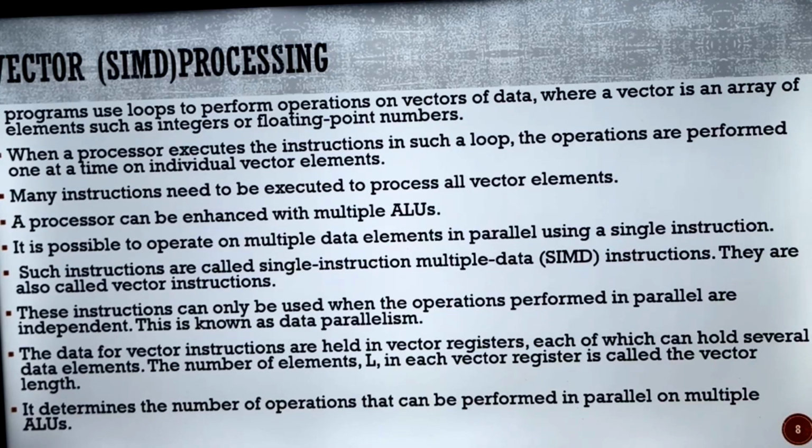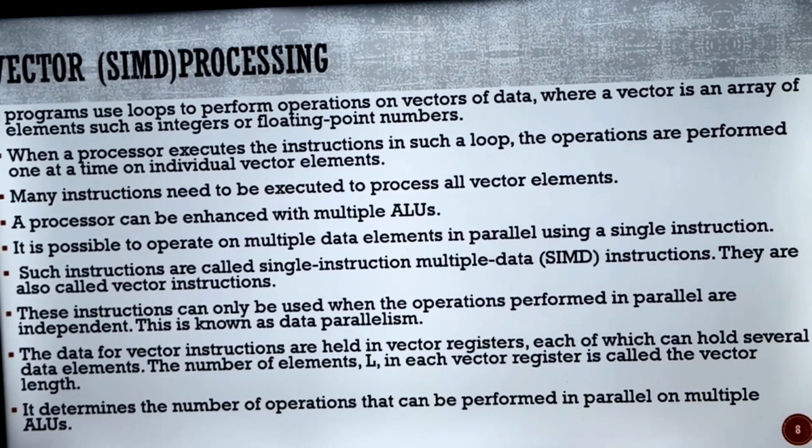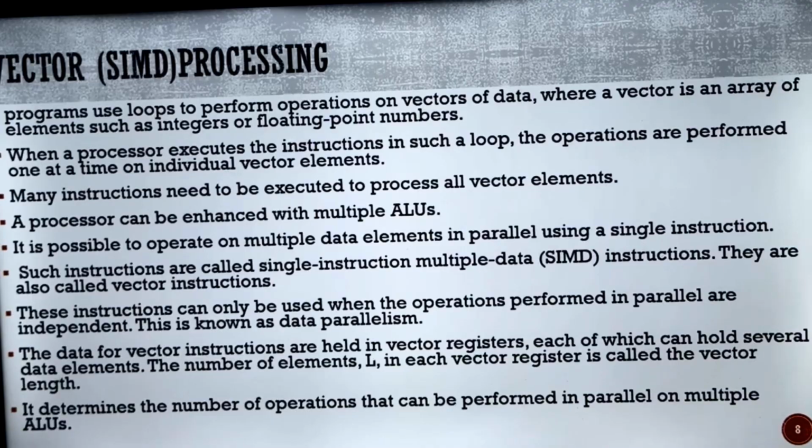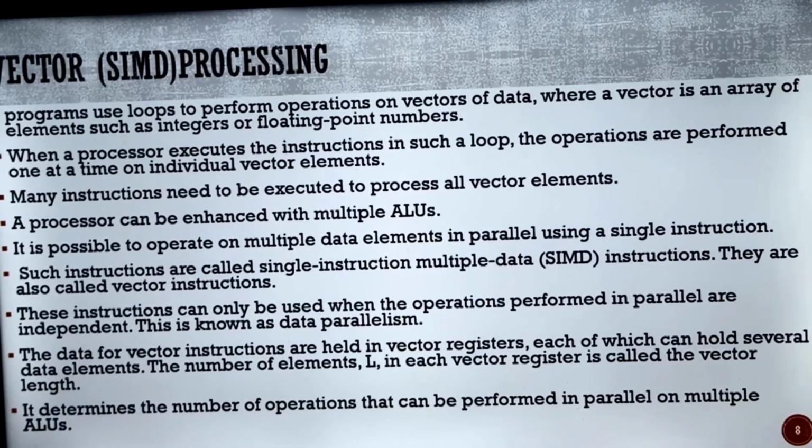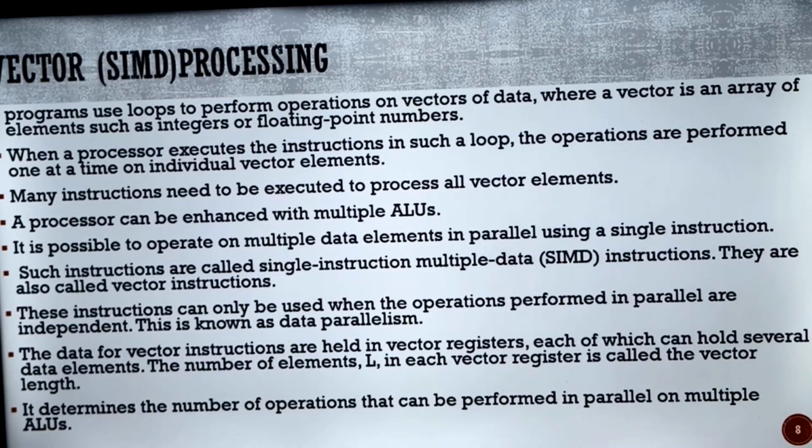As of now, whatever instructions we know, how we deal with, say, add R0, R1, load A to R0. Like this we have written all the instructions, right? Where in each instruction we are dealing with a single data. If I am writing load R0 comma A, it means I am loading a single data from A to R0, right?